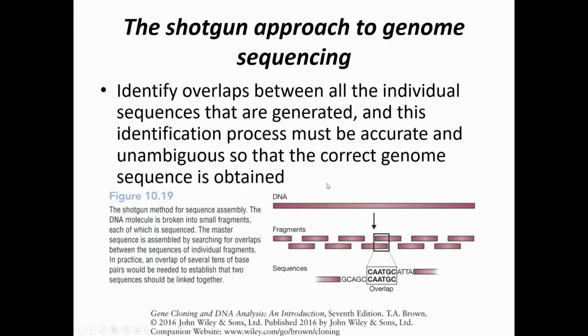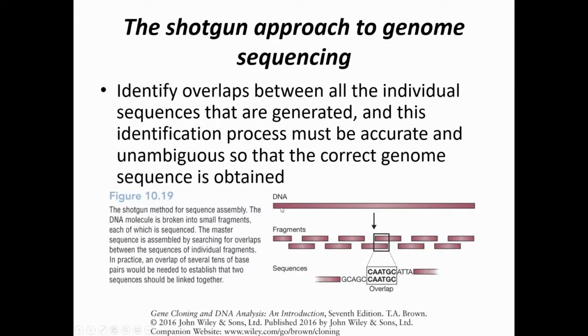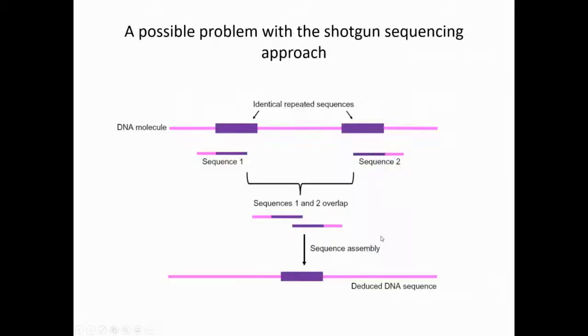So this is just to show you how to identify the overlapping sequence so that you can place the sequences together, all right, so that you know which one is next to which one. The problem with the shotgun sequence is that possibly an incorrect overlap is made between two sequence reads that both end within a repeat sequence, so that leads to the loss of a segment of the DNA in between the two sequences, right?